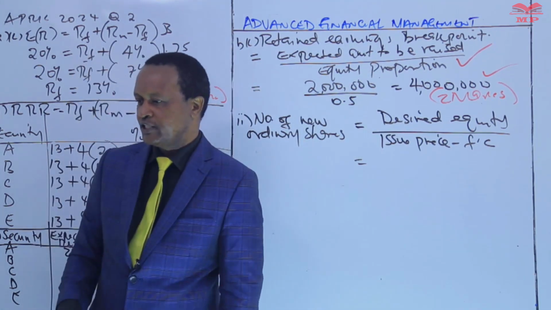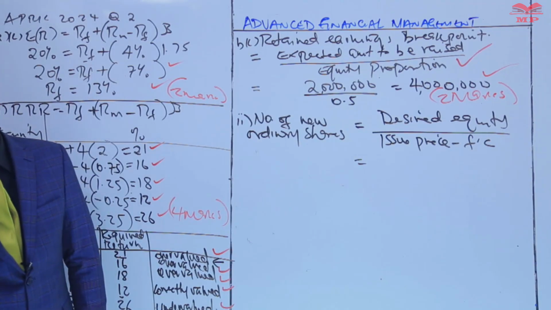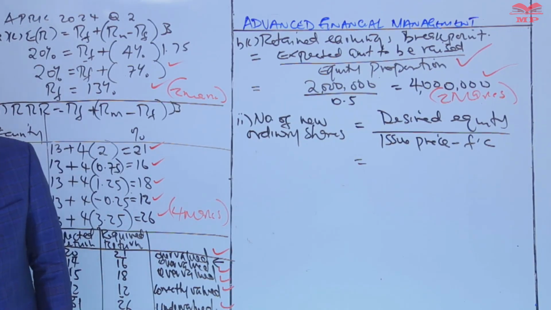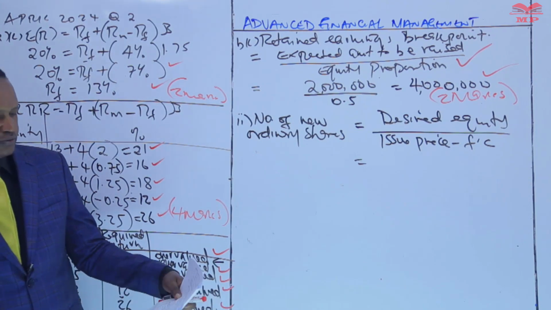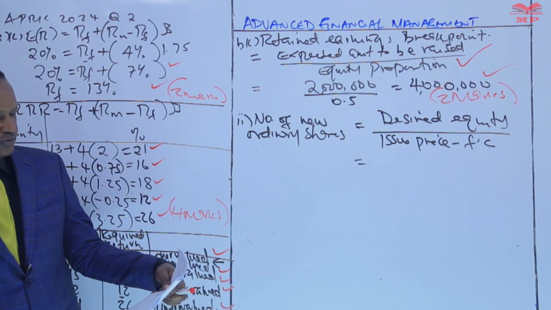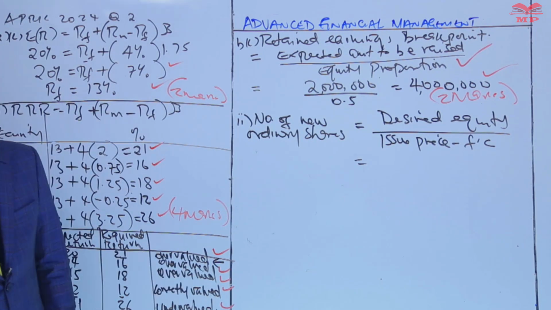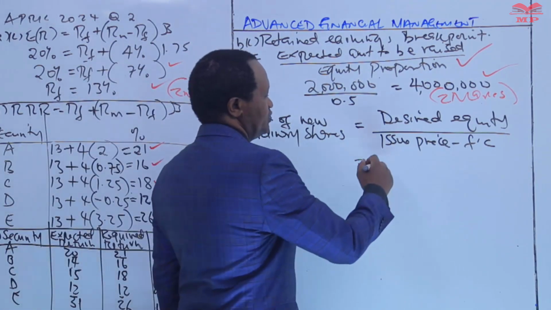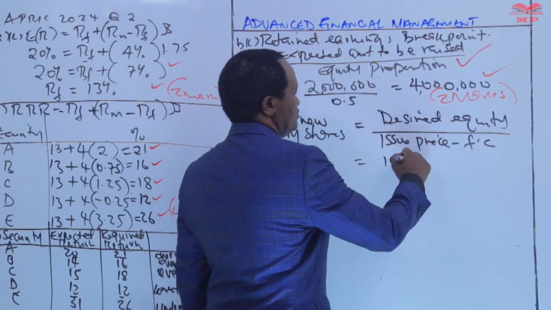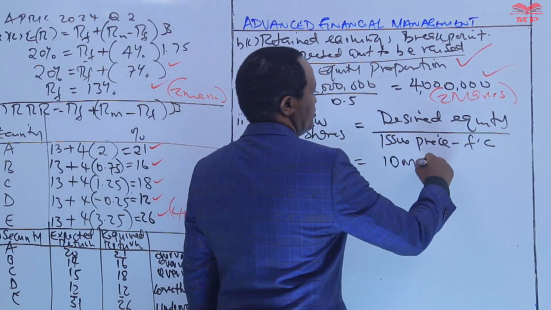Jackie says to me 10 million. Where did you get 10 million? Is it indicated somewhere? The desired amount is 10 million minus 2 million.